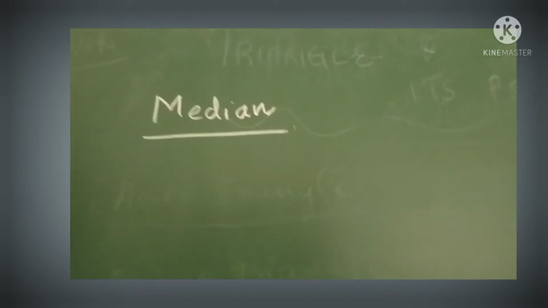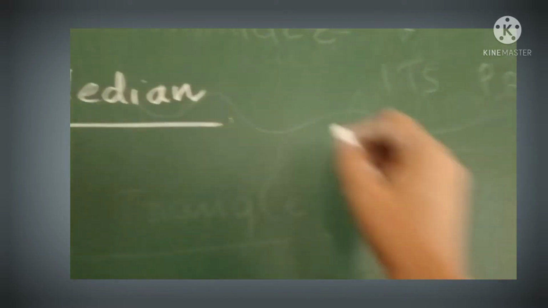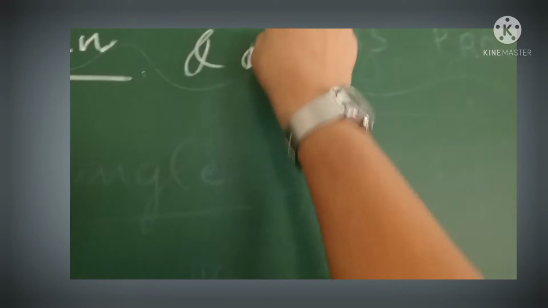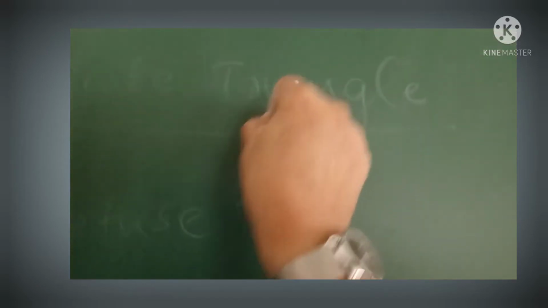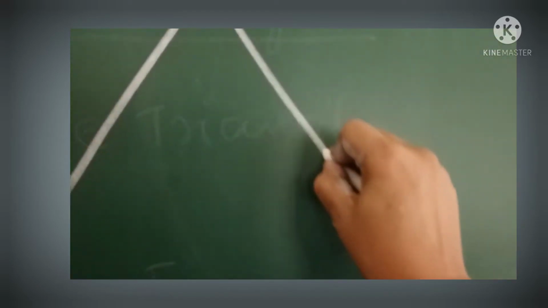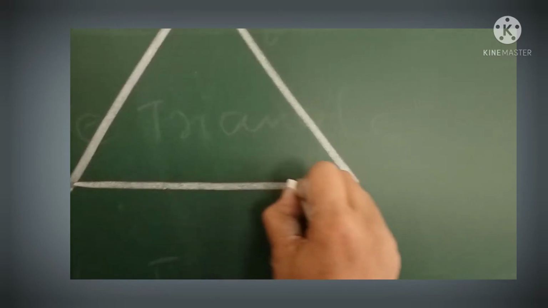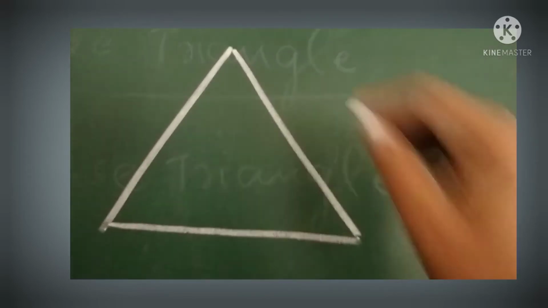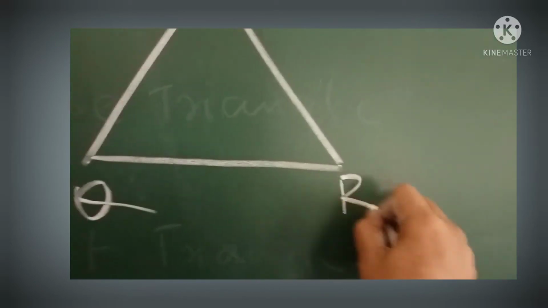Topic: median and altitude of a triangle. So median, from this word we can define the median. For a triangle, let it be PQR.